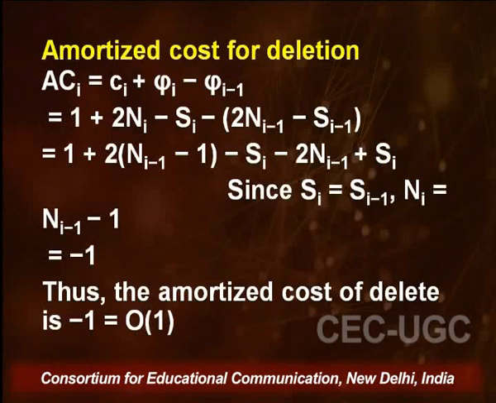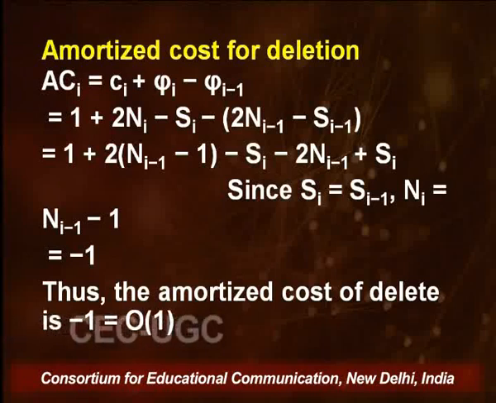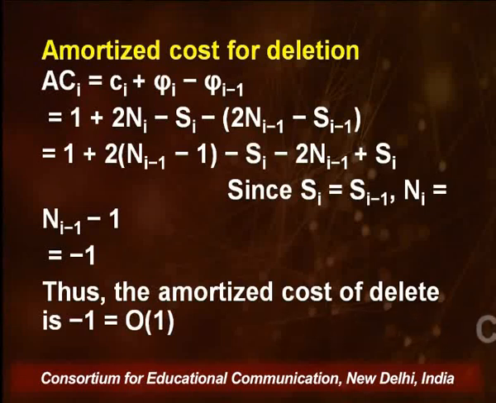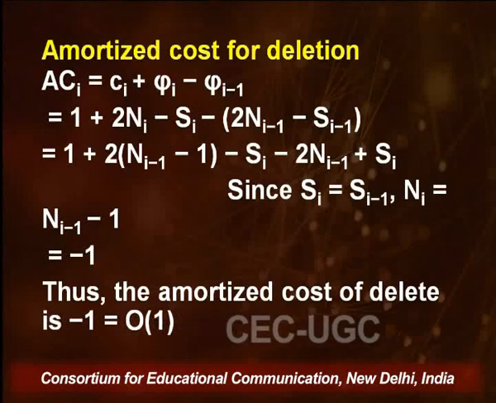Putting these values into the expression, at the third step of this derivation we have put in n of i minus 1 in place of n of i, and s of i minus 1 has been replaced by s of i, as they are equal. So now the expression has become 1 plus 2 into n of i minus 1 minus 1 minus s of i, as taken from the previous step, minus 2 n of i minus 1 minus s of i, and here we have replaced s of i minus 1 with s of i, as they are equal.